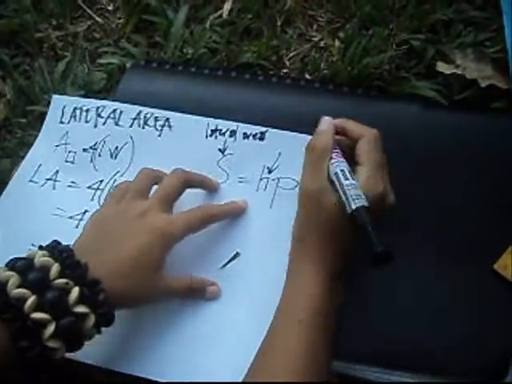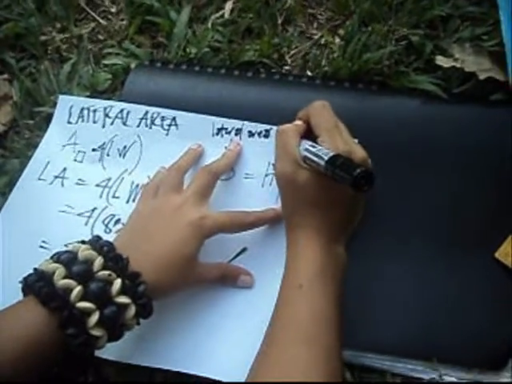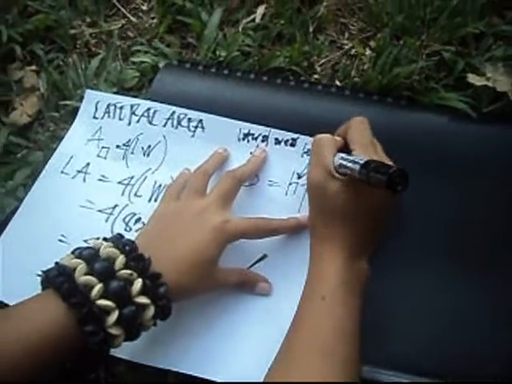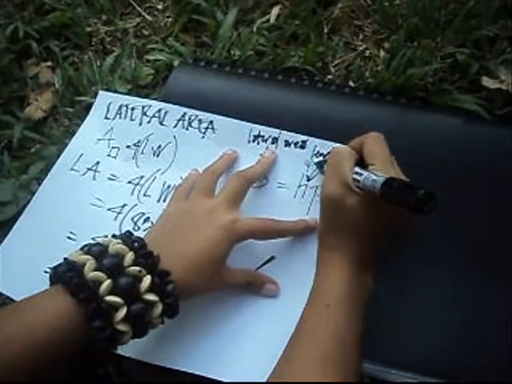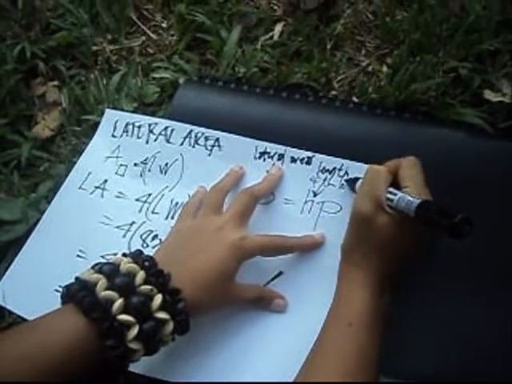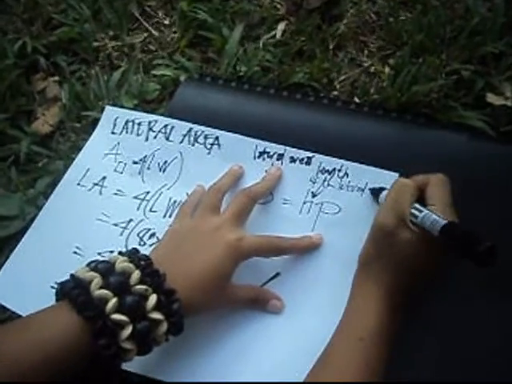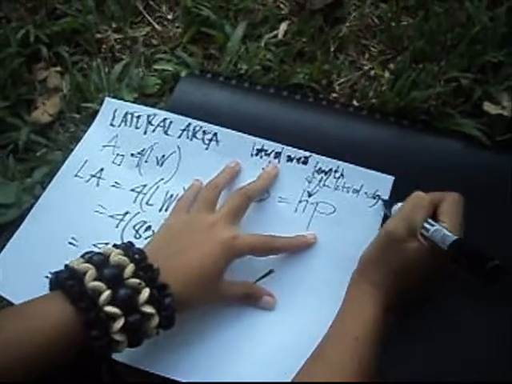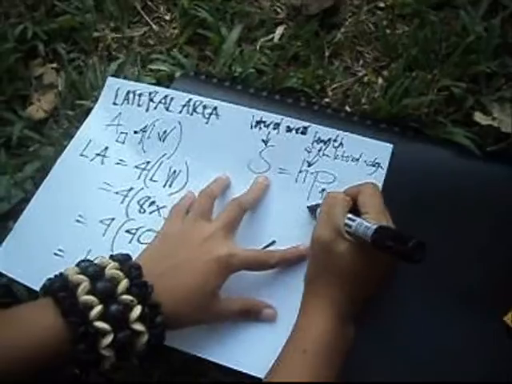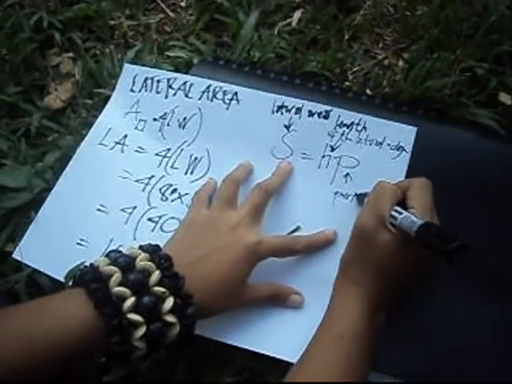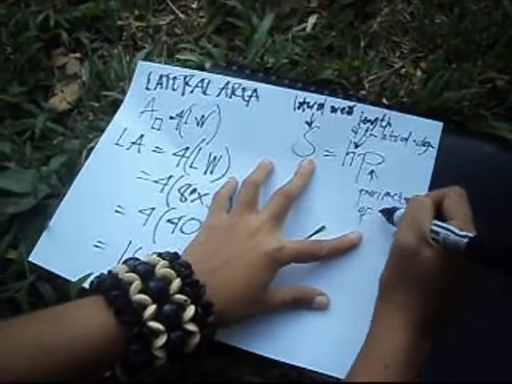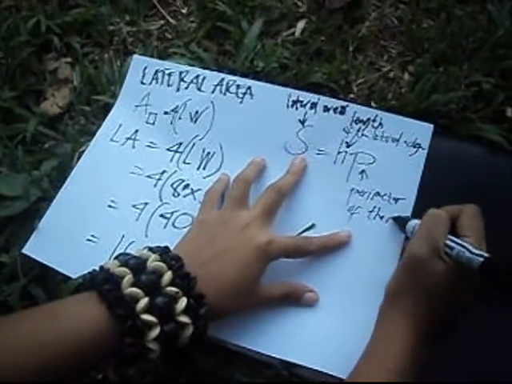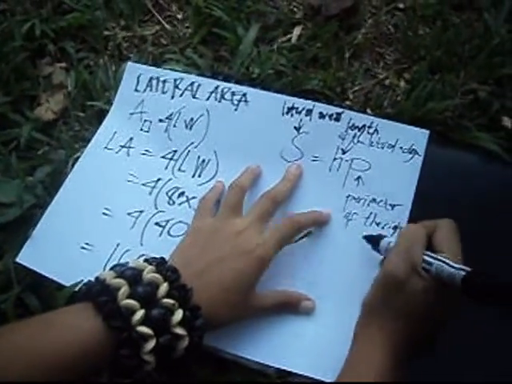Then H will be the length of the lateral edge. Then P will be the perimeter of the right section.